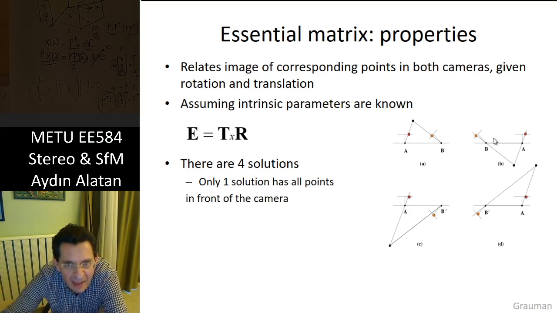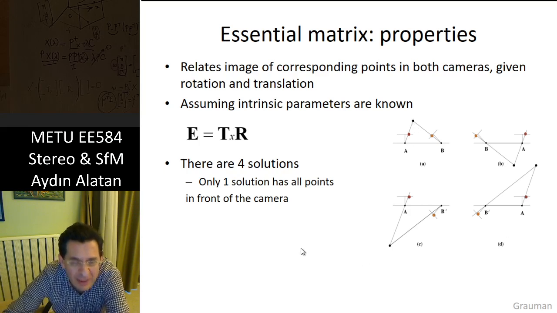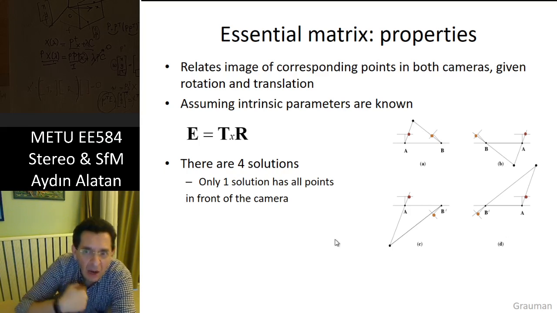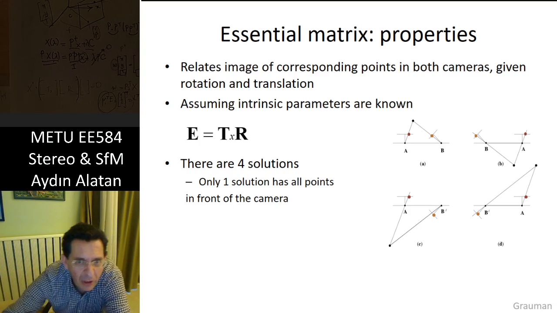This and this, they are giving exactly the same 2D correspondences to your algorithm. The algorithm should be selecting either this one, that one, or that one. Please note that all of them basically satisfy the pinhole camera. What they don't satisfy is that, in our case, our points are in front of the camera.